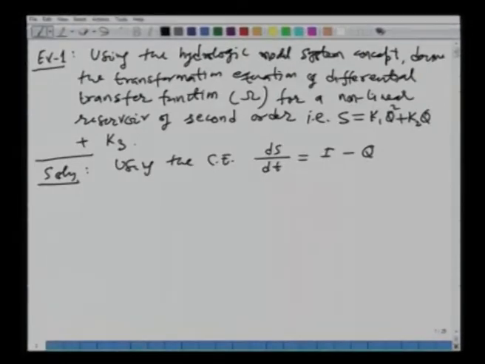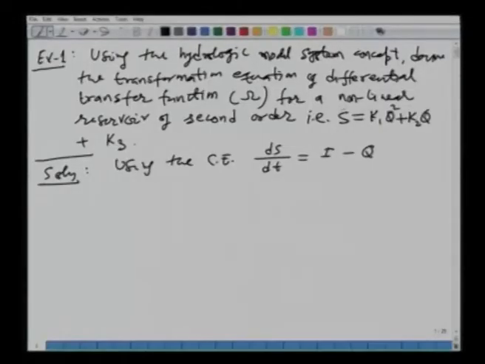This first problem is basically coming from our first few lectures, the first chapter of Ven Te Chow's book. Now, we have the function for the storage of the catchment. What we want to do is determine the first derivative of this storage function as a function of time, and then put that value into this equation.